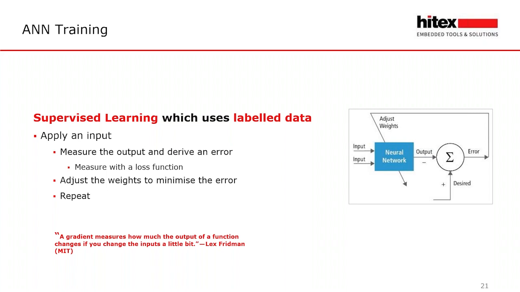So then what we do is we apply an item of our data to the neural network, and we apply the output label, and we measure the difference between the output of the neural net and the applied label. And this gives us an error value that we can feed back to adjust all of the weights in the neural net to try and minimize the error. And that summing value is a loss function. And we have different types of loss functions depending on the type of classification that we're doing.